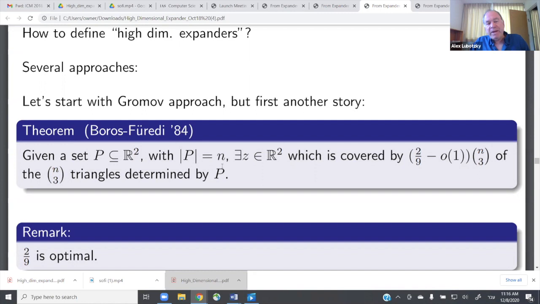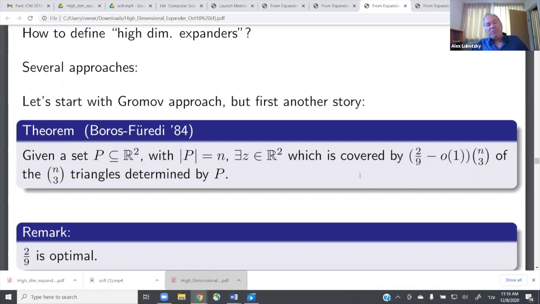Then there exists a point z in R^2 which is covered by 2/9 of them. 2/9 of the triangles, it doesn't matter what the points are, how you put them, a linear function of them, even an explicit number, 2/9 of them will meet. There is a point which is covered by 2/9 of these n choose 3 triangles. A very beautiful, nice theorem.